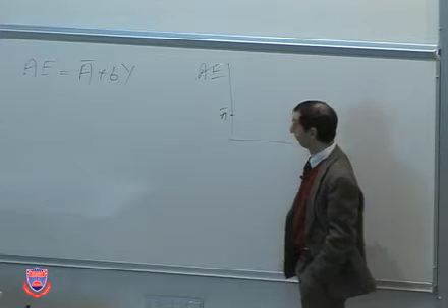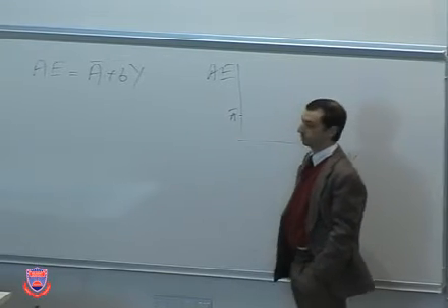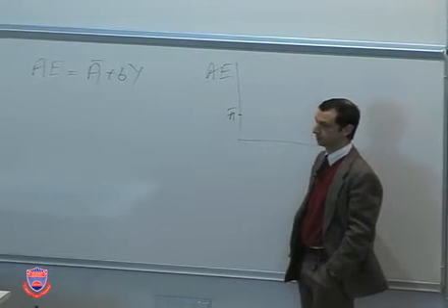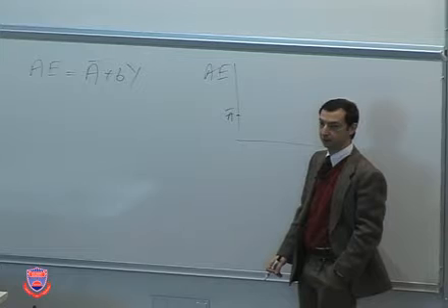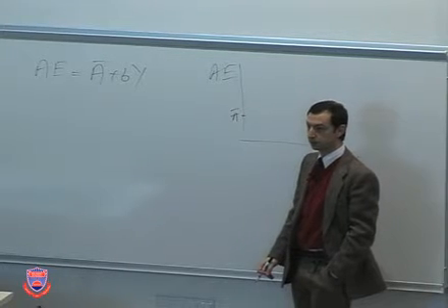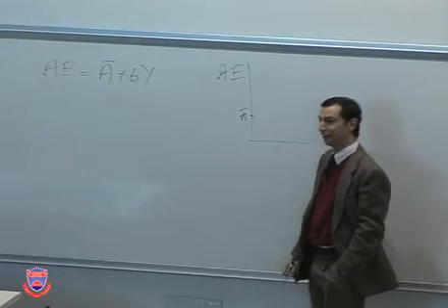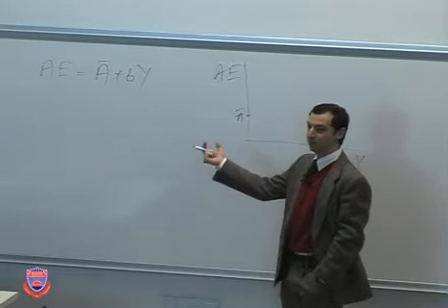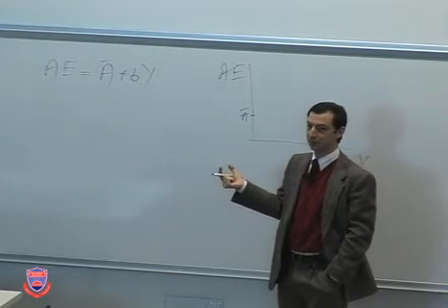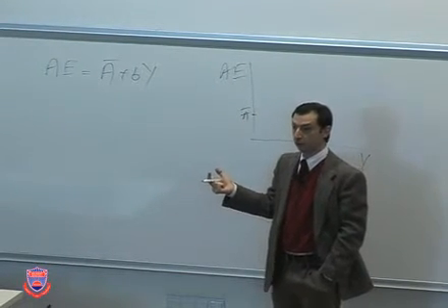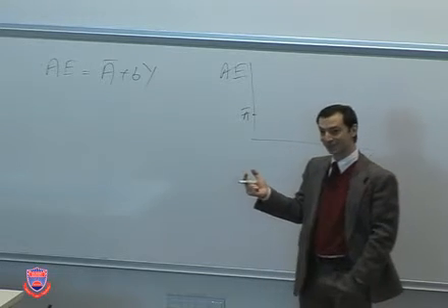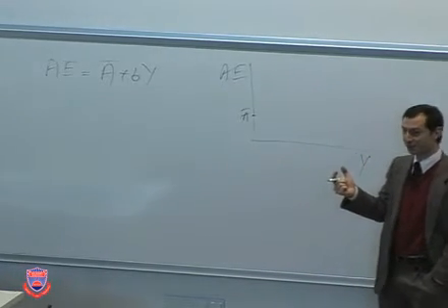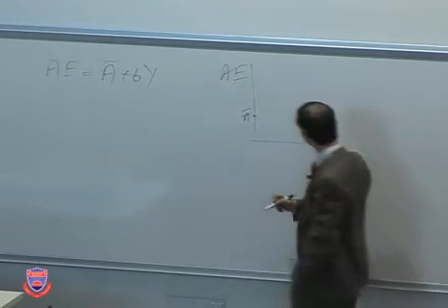When Y is 1, what is aggregate expenditure? A bar plus B. Very good, you're waking up. We have a term for this in mathematics. It's called the slope. You're taking all those calculus lectures for that.